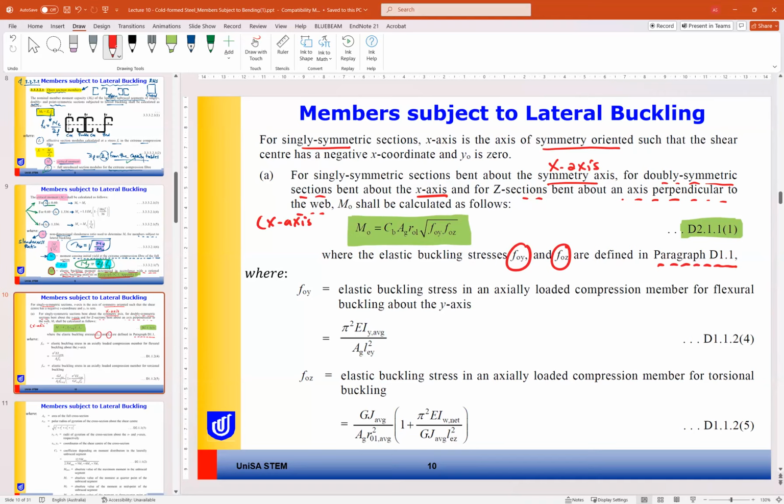So if you look at MO, we have CB and AG and RO1 and root FOY and FOZ.